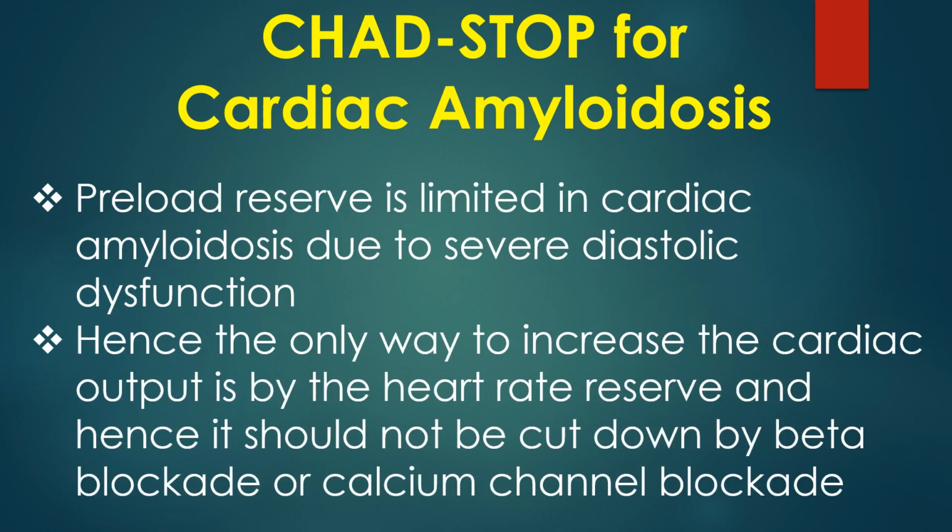Preload reserve is limited in cardiac amyloidosis due to severe diastolic dysfunction. Hence, the only way to increase the cardiac output is by the heart rate reserve, and hence it should not be cut down by beta blockade or calcium channel blockade.